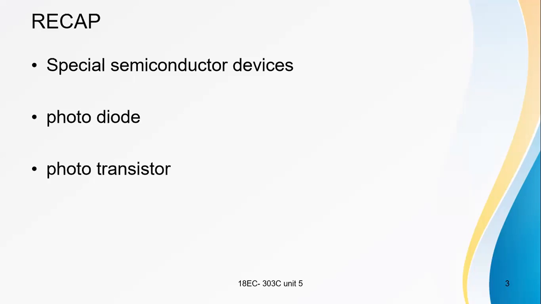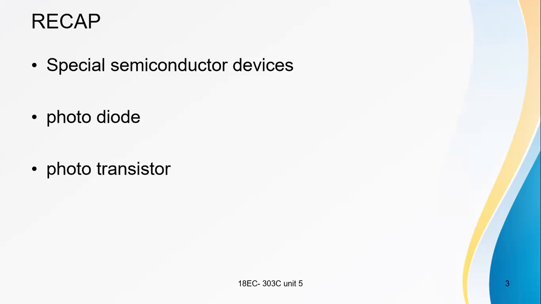What is a varactor diode? It is also called a variable capacitor. That means this is a type of PN diode. It operates in the reverse bias. Whenever the reverse voltage is applied, the capacitance will be varied. That means when the reverse voltage is applied, the depletion width of the junction will increase.